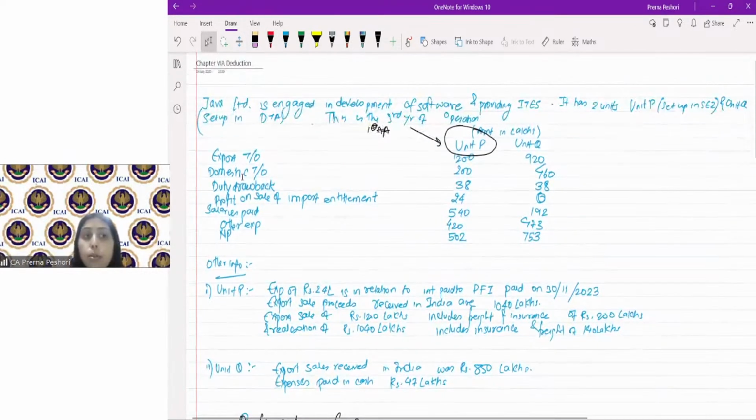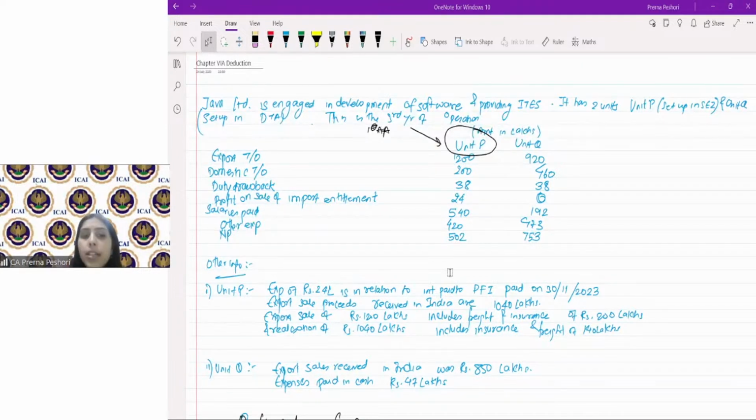Sorry, we have to go to this particular information, not this, sorry. The duty drawback which is given. Now, duty drawback of 38 which is given. What do we need to do about that? Whether duty drawback will be considered or not. What will happen to the duty drawback? As well as the profit on the sale of entitlement.